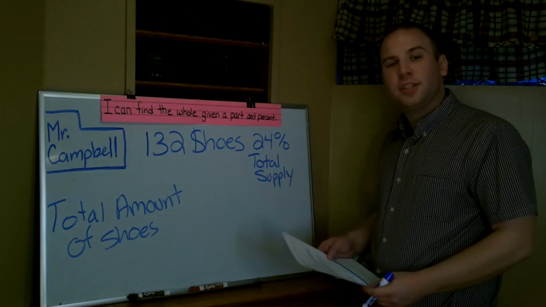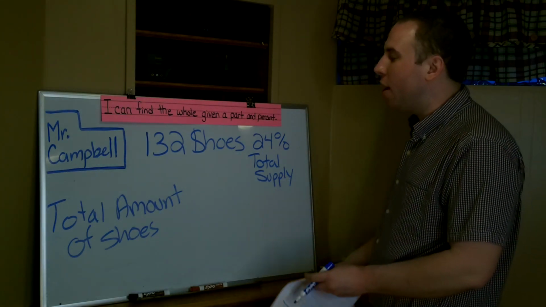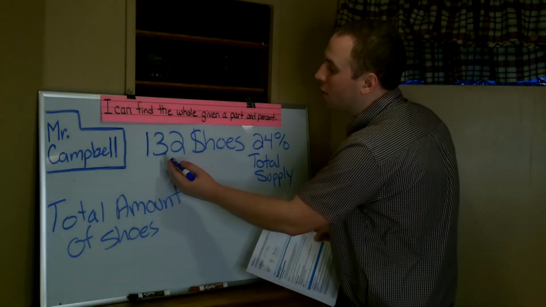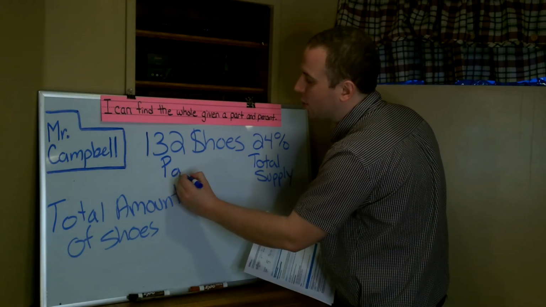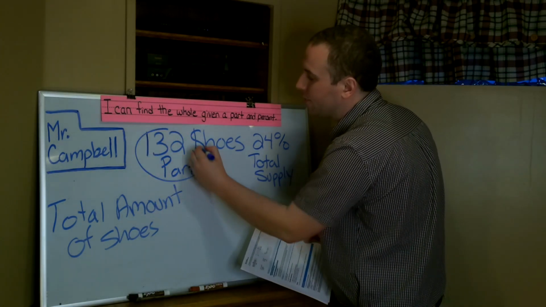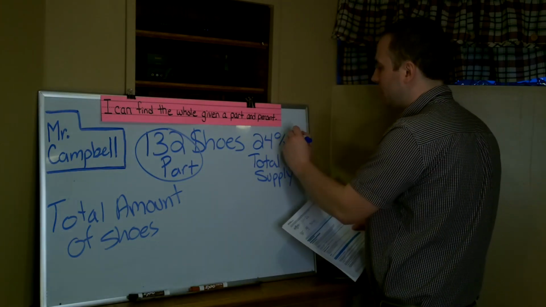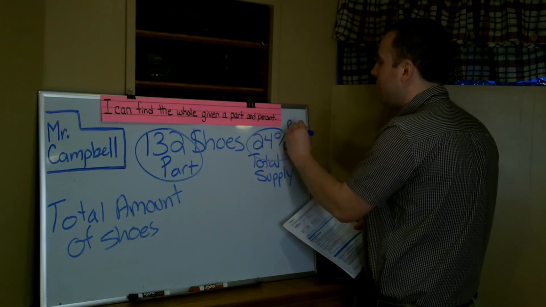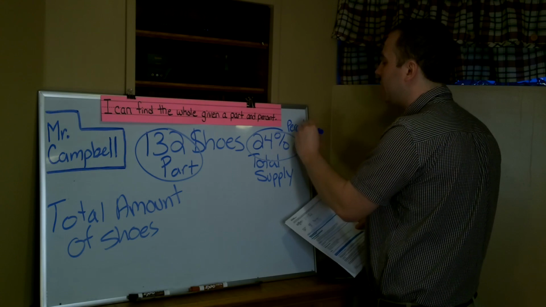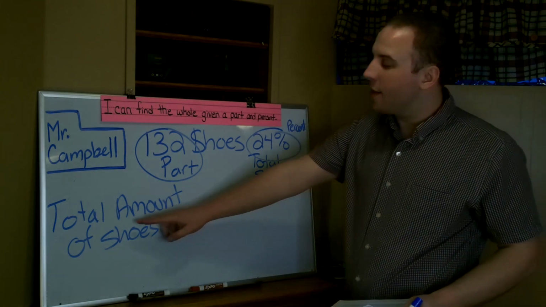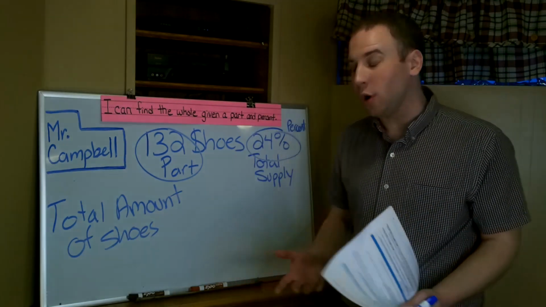Well, let's first identify our parts in our equation. Our part is going to be 132. Our percent is going to be 24%. And we need to figure out the total amount of shoes in the store.